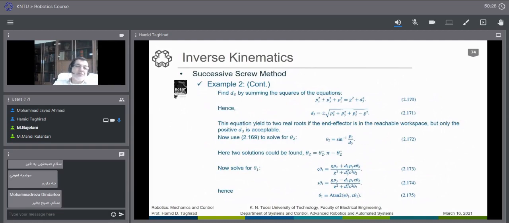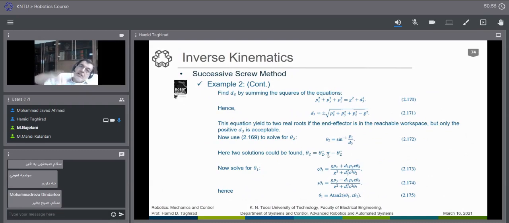You find the inverse of the matrix and find sine and cosine separately, and then use the atan2 to find the final solution. And that's done. From the positioning point, we have found three parameters, theta 1, theta 2, and D3, and we basically have four solutions, but only two of them are valid here.